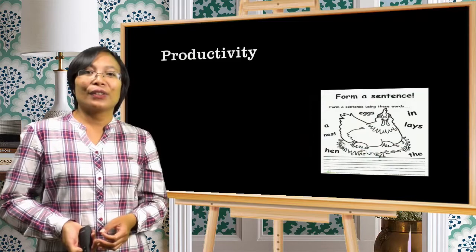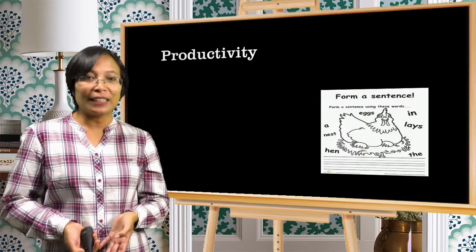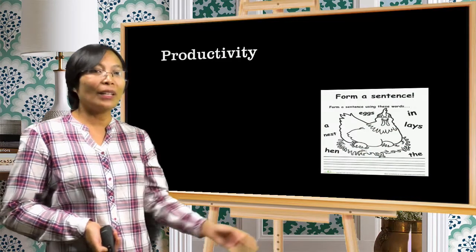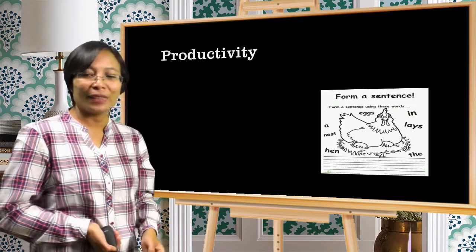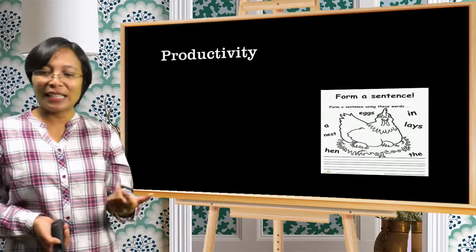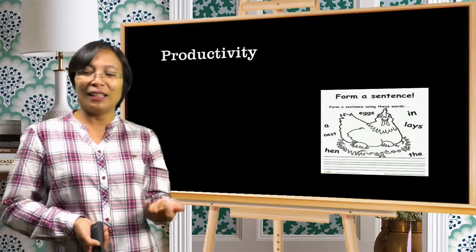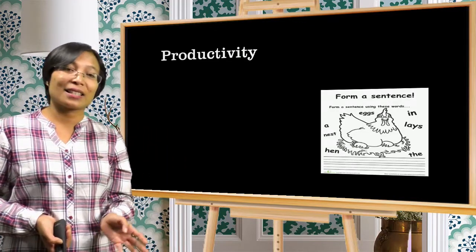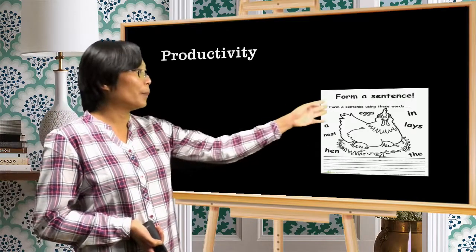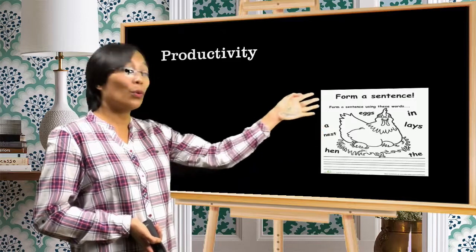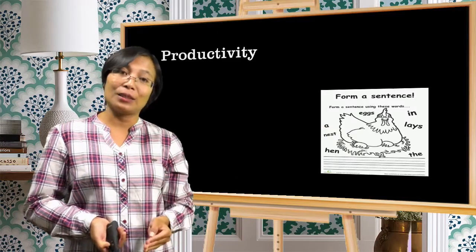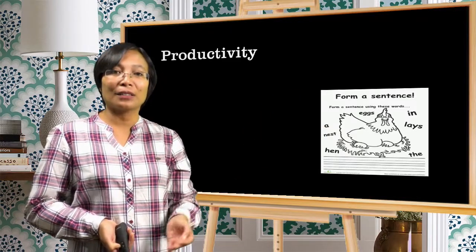The next feature is what we call productivity. How many words do you have in this picture? We have the, lace, in, hand, and then nest and X. But we can produce many constructions with those words, right? And this is what is meant by productivity.